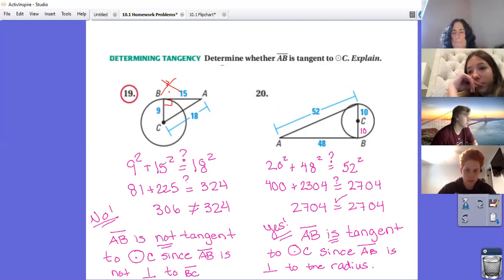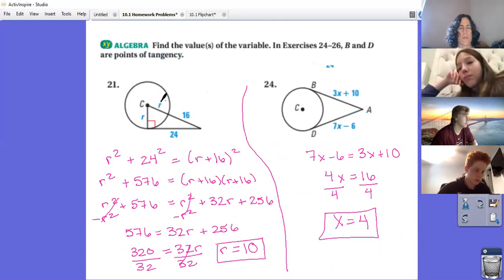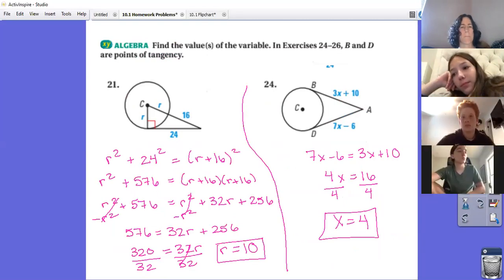Okay, any other questions from the homework? Anyone that you might want to look at to make sure they got right? I'll scroll through. There's 21 and 24, the answers for those.